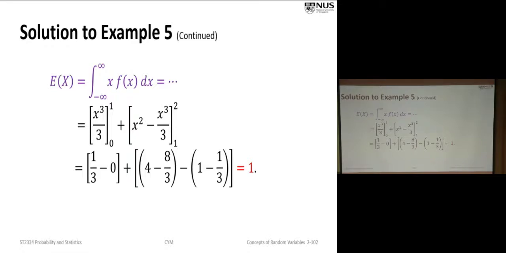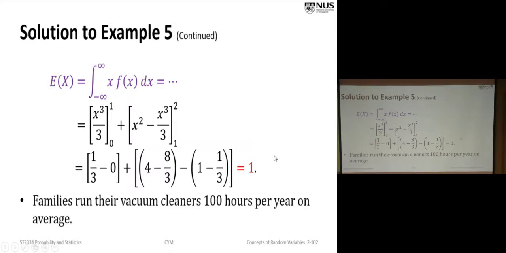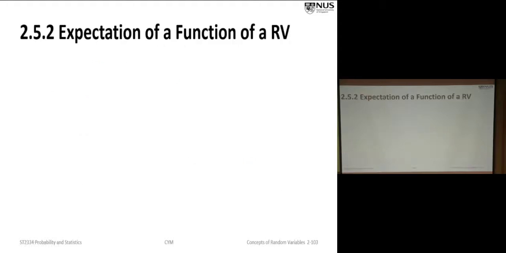Some use less, some use more, but based on this PDF, the maximum is 200. No one goes beyond 200 hours. 2 units, 200 hours. So we expect it's 100 hours. So for the vacuum cleaner, the number of hours used is 100 hours per year.